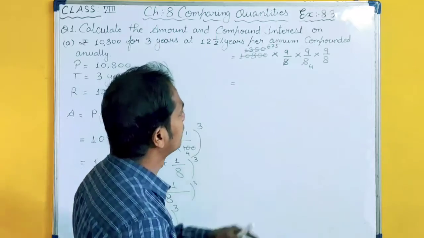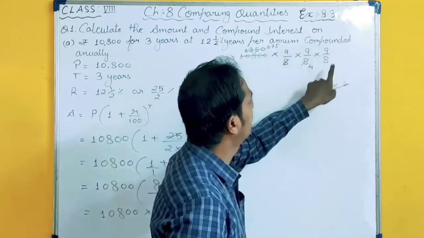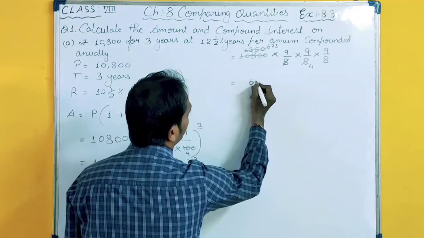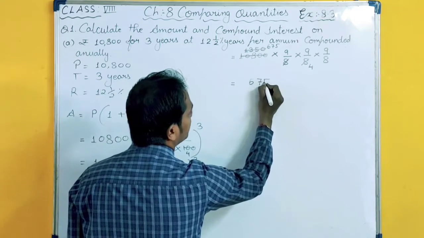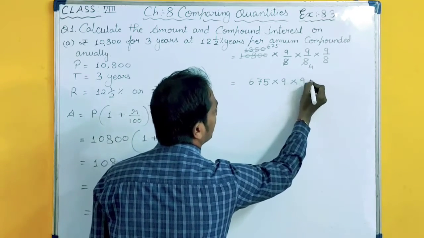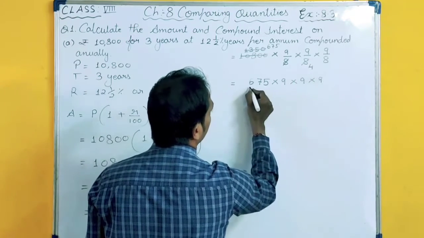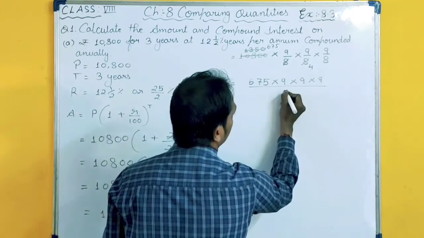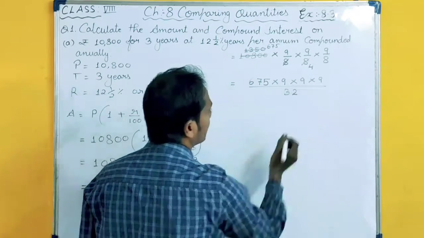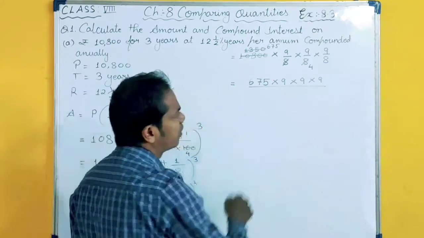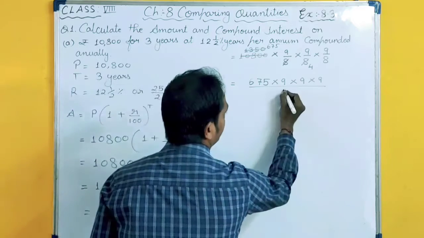Now you cannot reduce further. See, all are odd numbers and the denominator is even, so you cannot reduce it. So what is remaining? 675 multiplied by 9, multiplied by 9 and multiplied by 9, upon what is remaining: 8 fours are 32, or you can write 8 into 4. We can multiply in the next step.